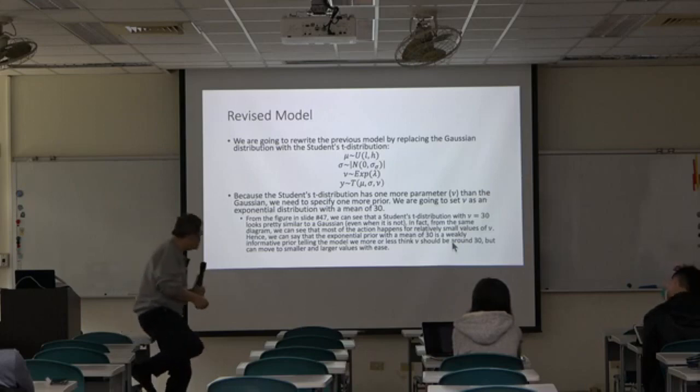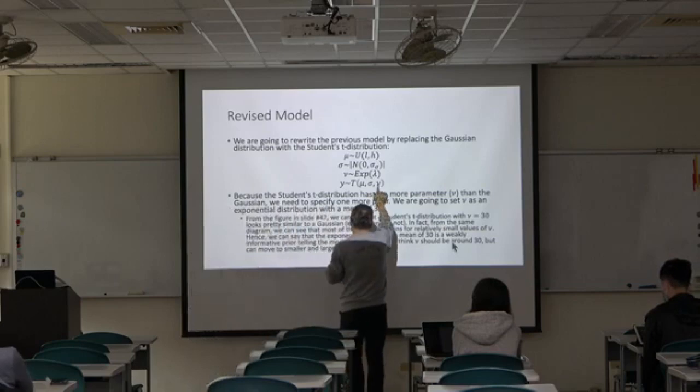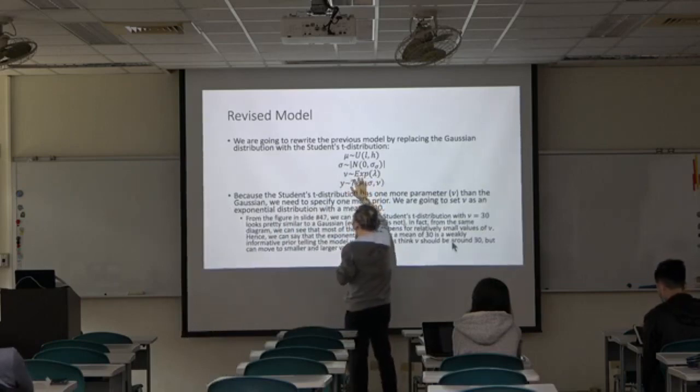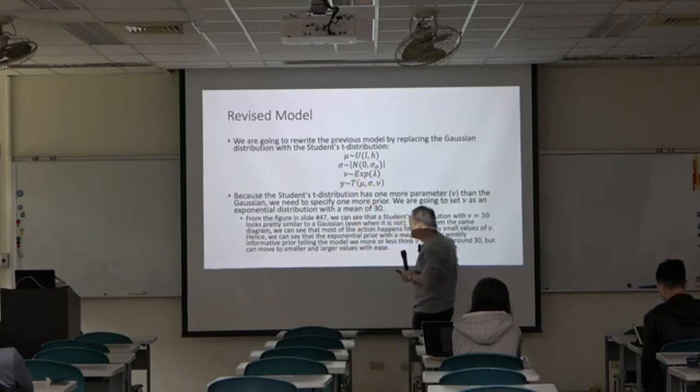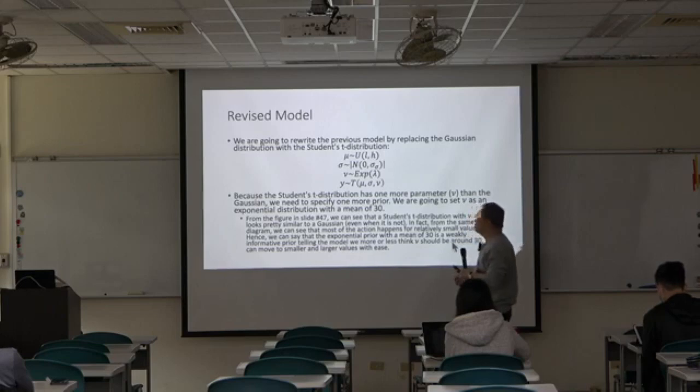Here we set this v, or nu, to be drawn from the exponential distribution, the exponential distribution with mean lambda. So what do we set for this lambda?